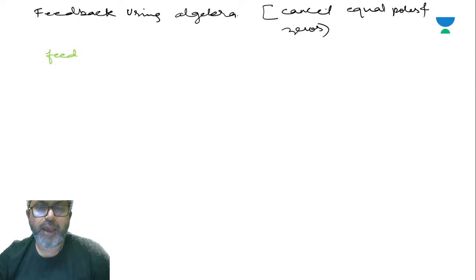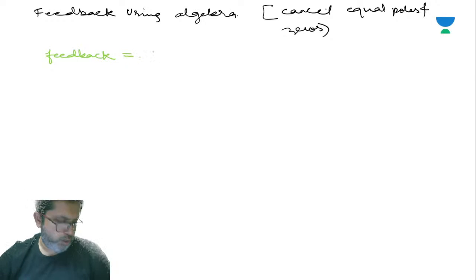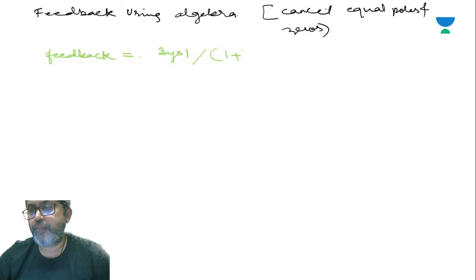So feedback is equal to this one over 1 plus this one star this 2.